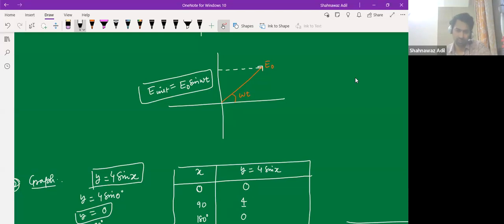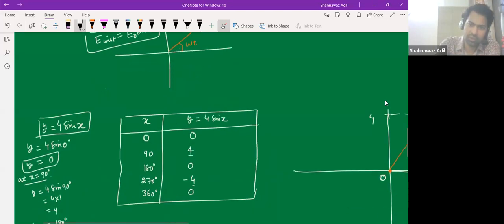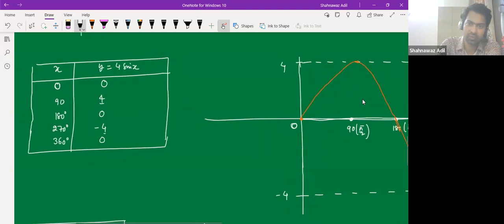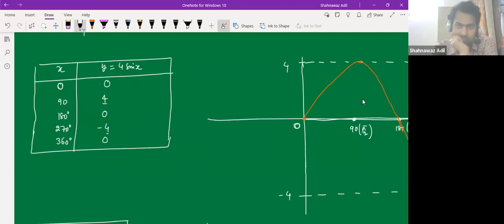Yes, sir, you can scroll up. So just from these, we have to make a graph of y equals sine. I can zoom out.